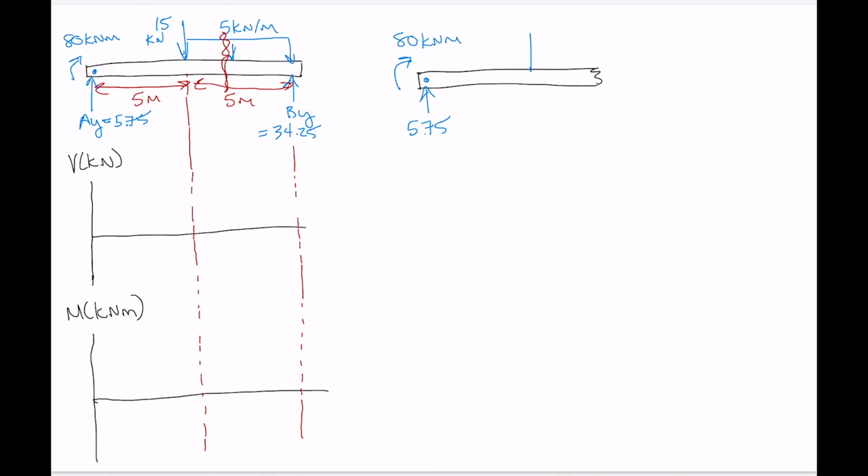We've got the point load of 15 kilonewtons, and then a little bit of that distributed load, which has a value of 5 kilonewtons for every meter of length. And again, the total length of this section is L, measured from the left-hand side.